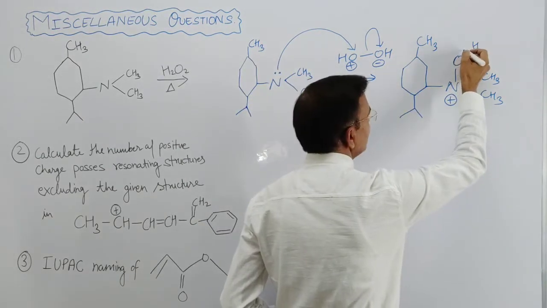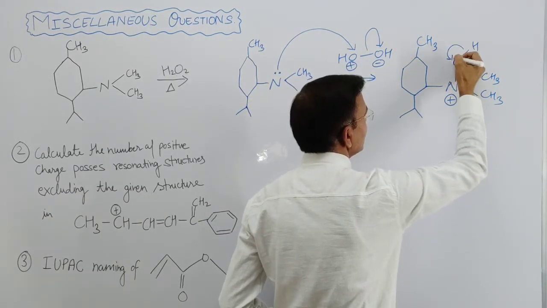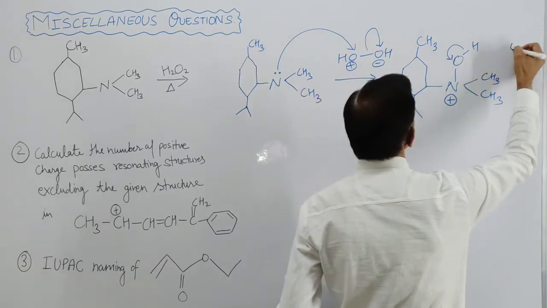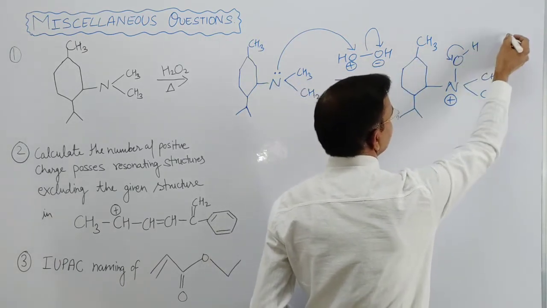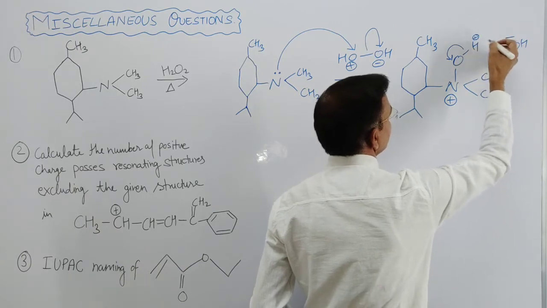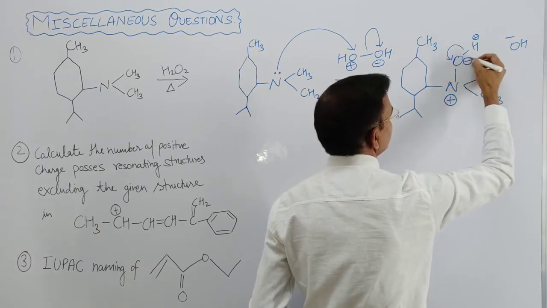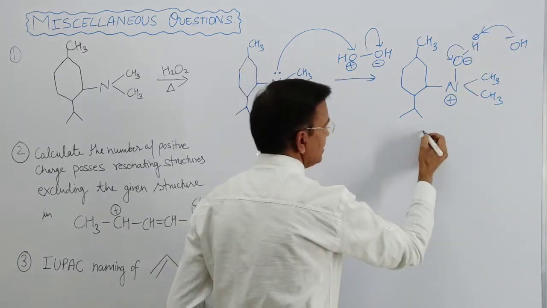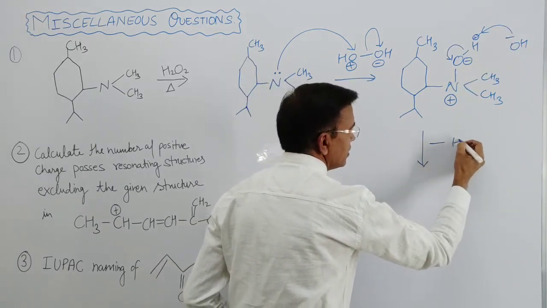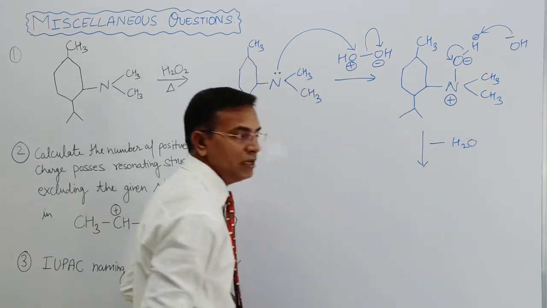Oxygen is electronegative; this attracts the H under the influence of this OH negative ion. This becomes positive, this becomes negative, and this attacks the H positive, and H2 will be released.